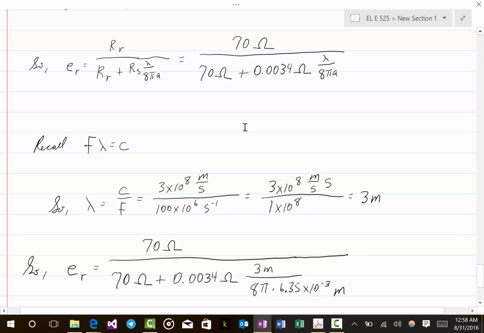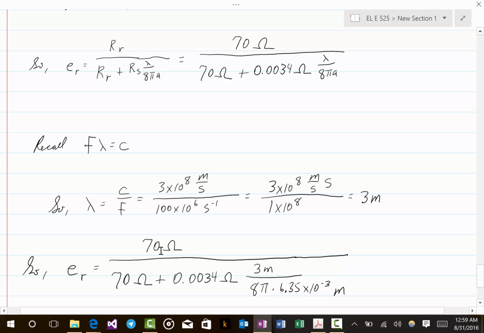And now we're finally ready to finish this problem. We'll have here 70 ohms in the numerator. In the denominator we have 70 ohms, and then 0.0034 ohms, and lambda, we just argued, is 3 meters, and 8 pi, and then of course the radius of the antenna A is 6.35 times 10 to the -3 meters. So the meters here cancel with the meters here, and therefore the dimensions on this term will be ohms, and of course when we add ohms to ohms we get ohms.